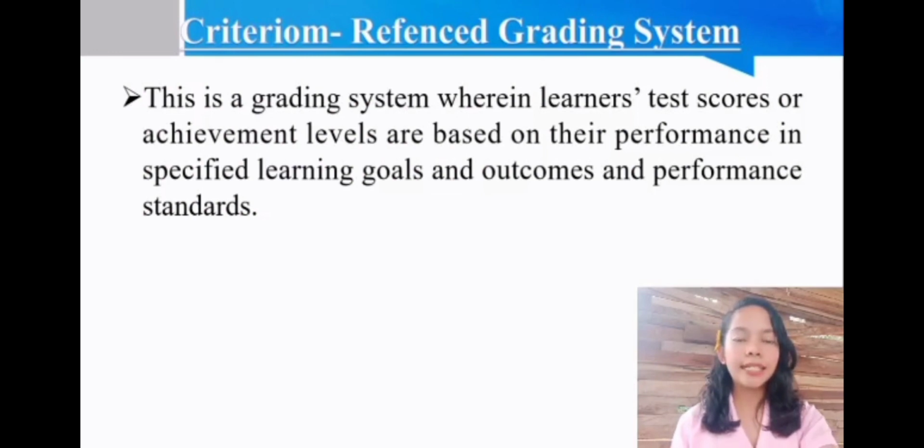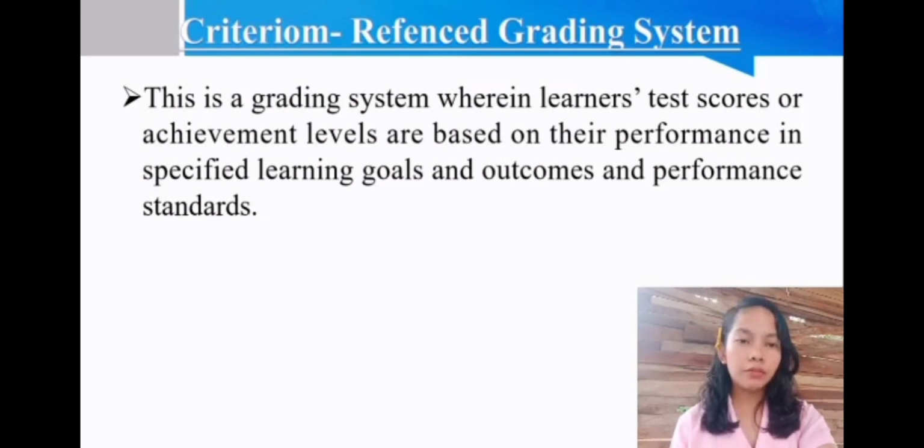This is a grading system wherein a learner's test score or achievement level is based on their performance in specified learner goals, outcomes, and performance standards. The criterion-referenced grading system is independent of the standard of a group.